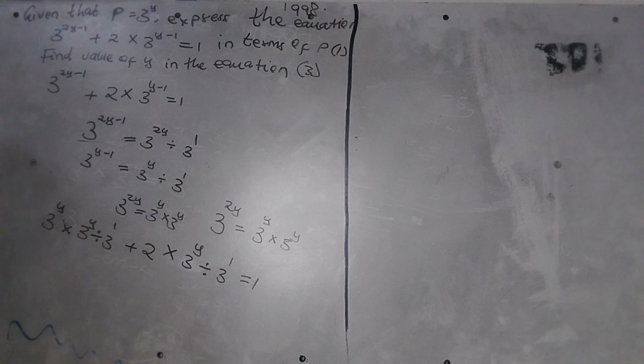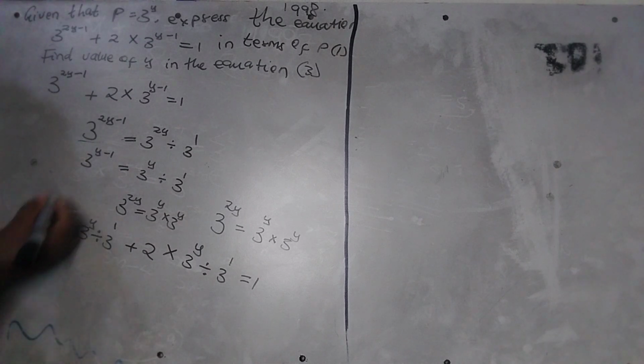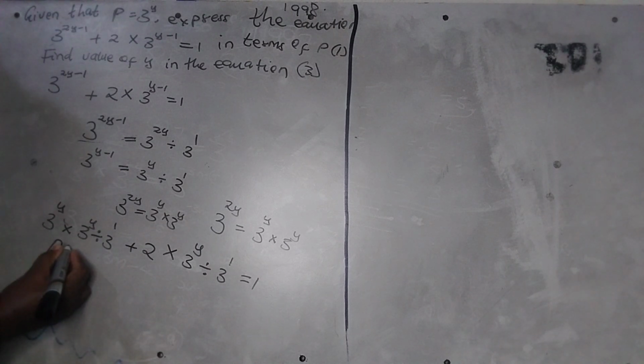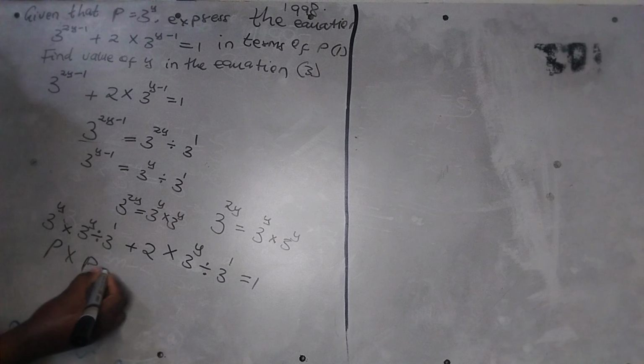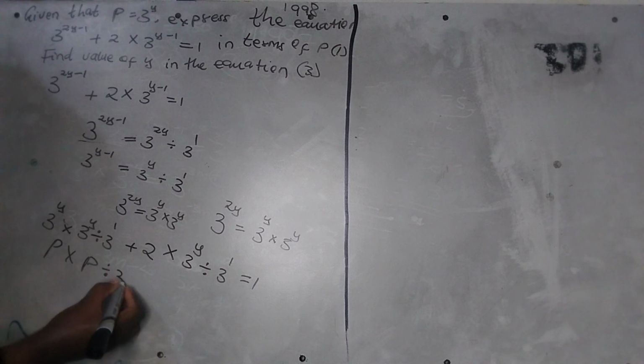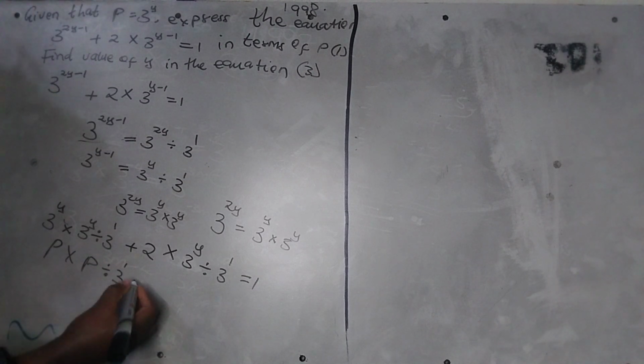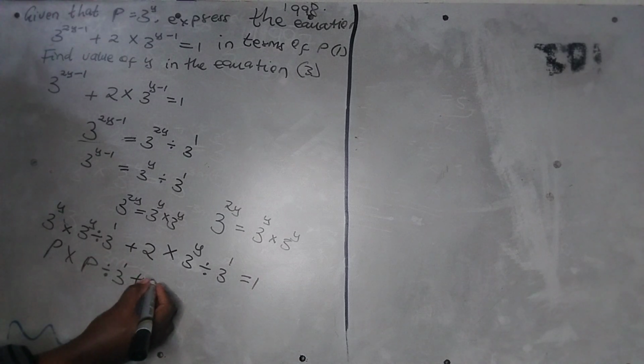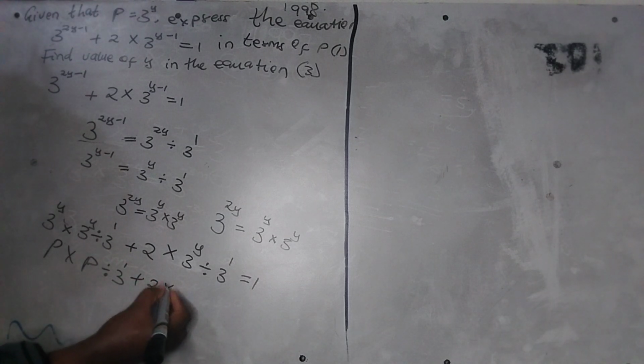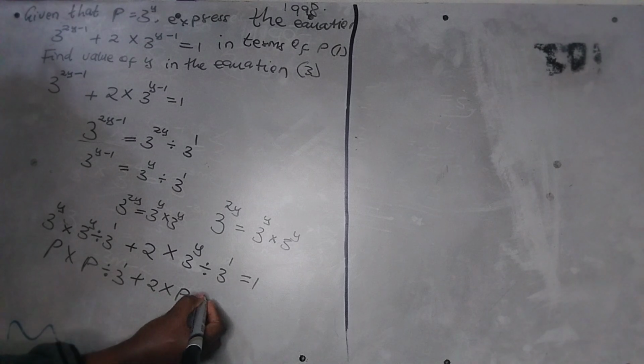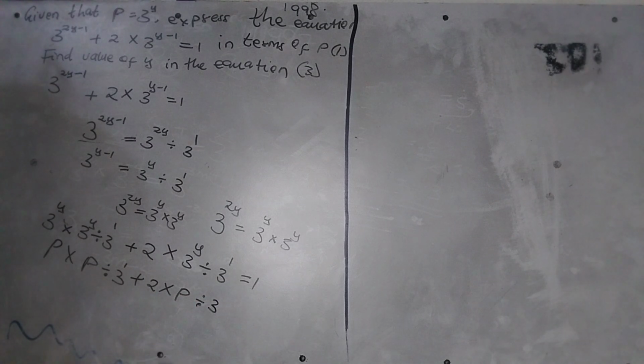Look at how the first mark is coming in a very simple format. The 3 to power y will simply be P. So P times P divided by 3 to power 1, which is the same as 3, plus 2 times P divided by 3.